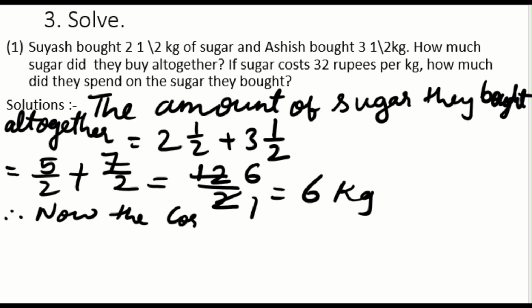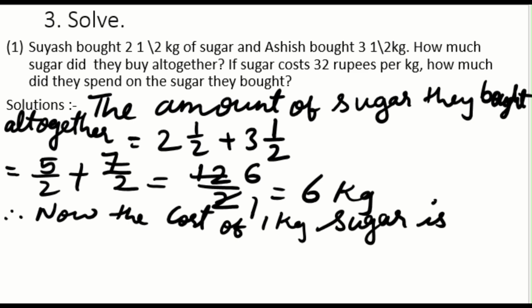Now therefore the cost of 1 kg sugar is rupees 32.